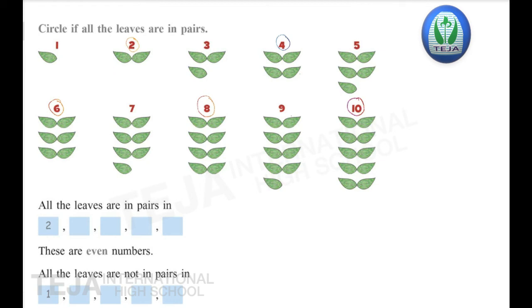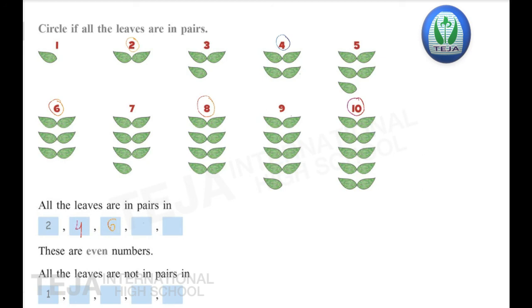Now we'll write the numbers which are pairs in this box. The first number is 2, already written in the box. Next is 4. So write 4 in the box. The next number which had pair of leaves is 6. Next number is 8.